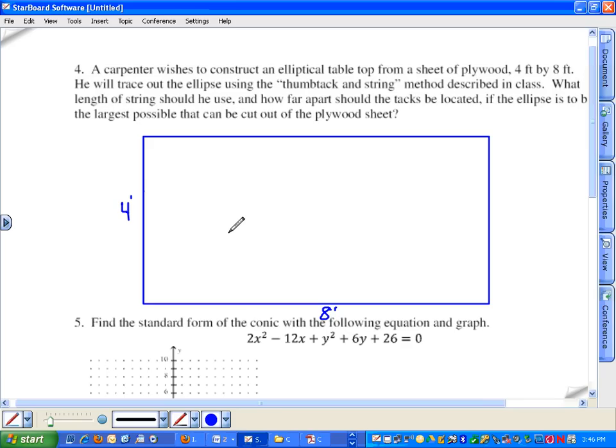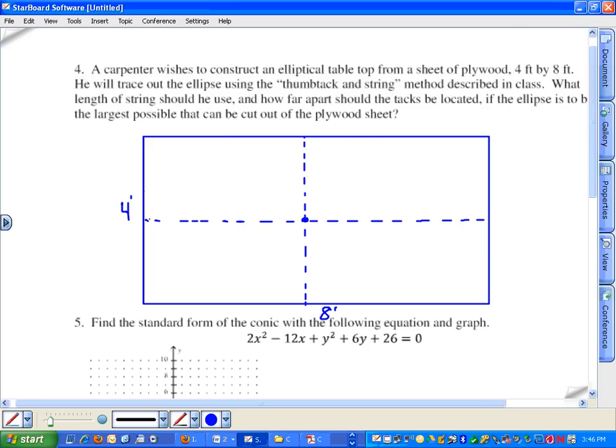A few weeks ago in class I described a method that can be done, and it's called the thumbtack and string method. What happens is, if you imagine a graph superimposed here, you find the center of the sheet of plywood and imagine an XY axis with this as the center, and the ellipse is going to be centered around that origin.